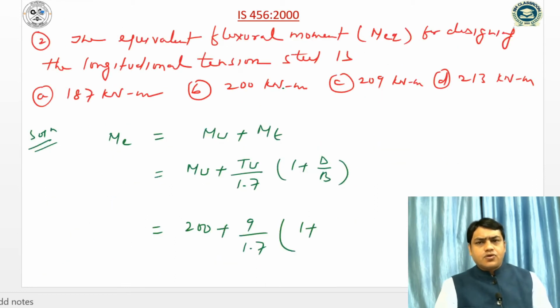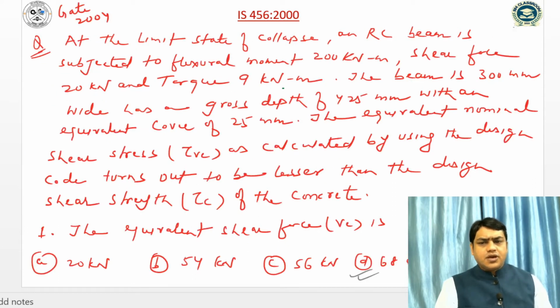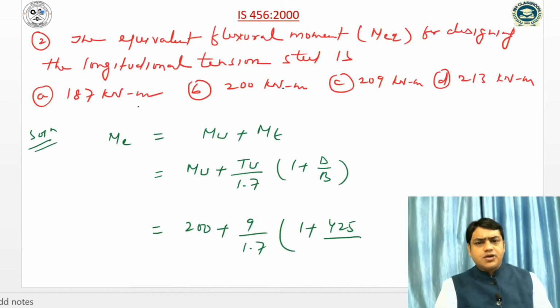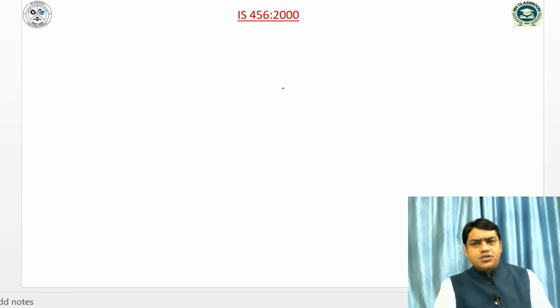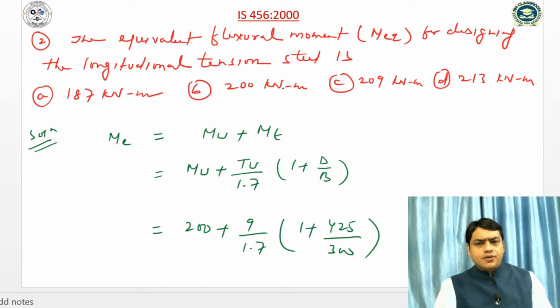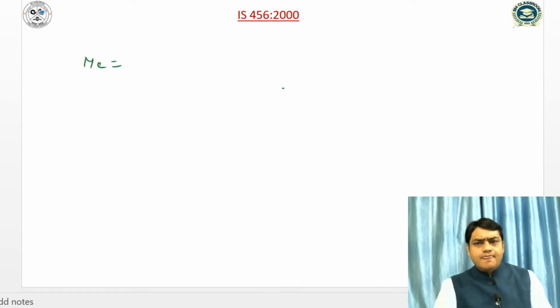mm. So 425 divided by width. Width of the beam is 300 mm. So it will be 300 mm. So it can be computed as equivalent moment. Equivalent moment is 200 plus 9 divided by 1.7 into 1 plus 425 by 300.